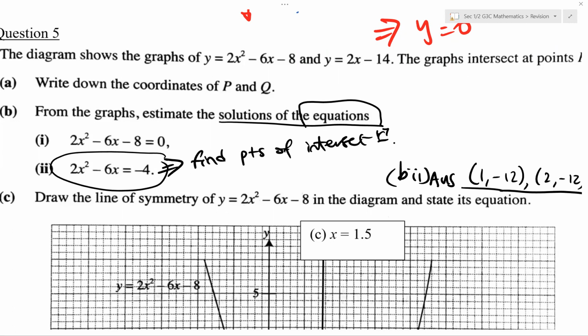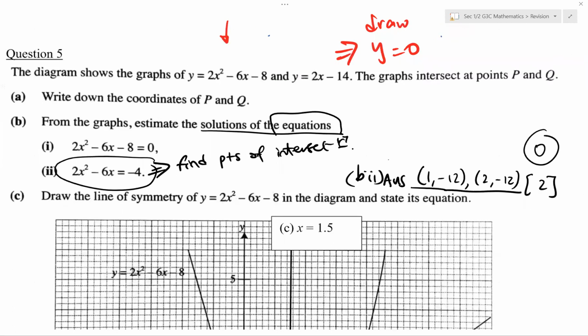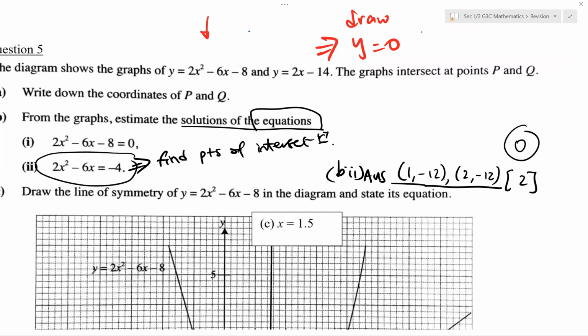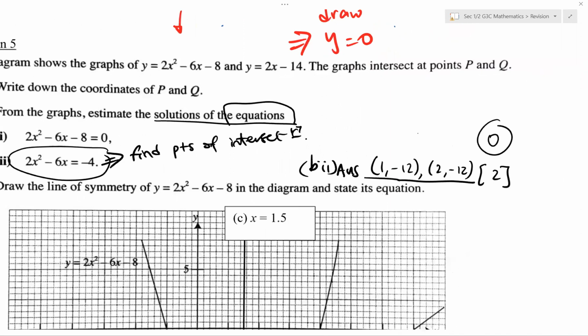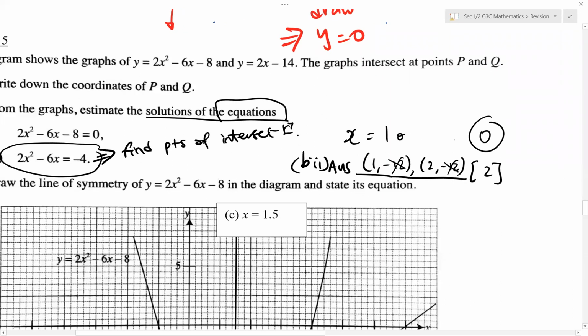If we just look at this, 2x squared minus 6x equal to -4. Solve. Nobody will tell me that there is a y value. Based on that, it is simply just x values only. So you cannot be writing the y values. The 2 answers are x equals 1 or x equals 2. So you have to know what you're doing.